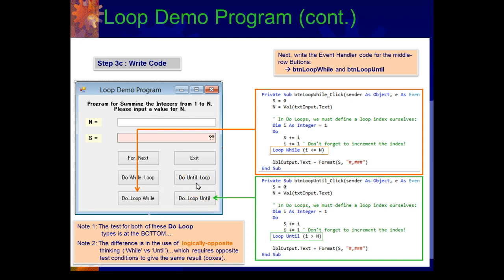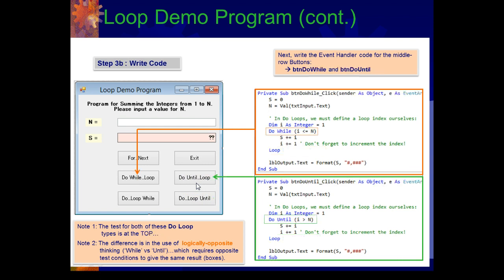Okay? Any questions? All right, let's go back to the previous one, where the while is on the top and the until is on the top, and let's just read what the notes are here. Note 1, the test for both of these do loop types is at the top. Okay, we already said that.